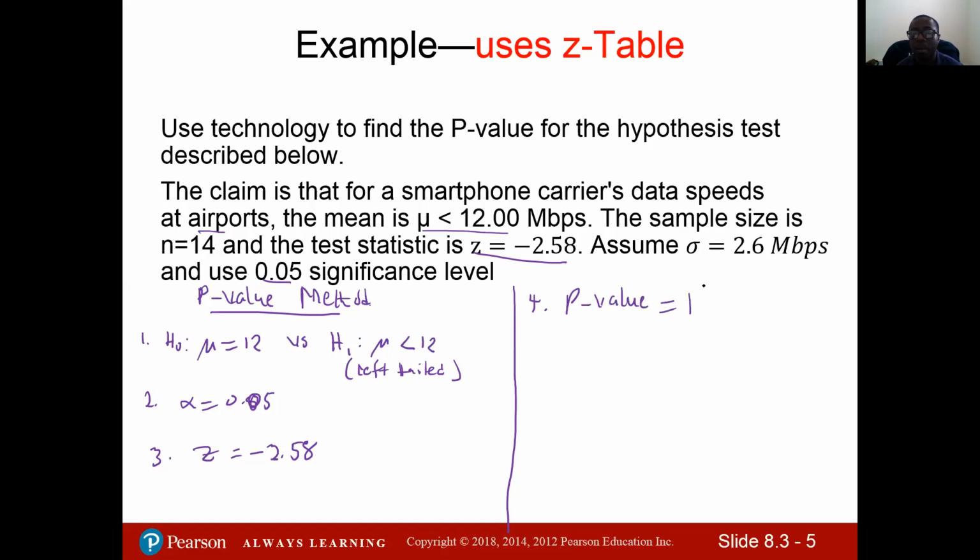The p-value is the probability that z is less than or equal to negative 2.58. Remember, the p-value depends on the test statistic. I can get it from StatCrunch or the table, so let's switch to StatCrunch.